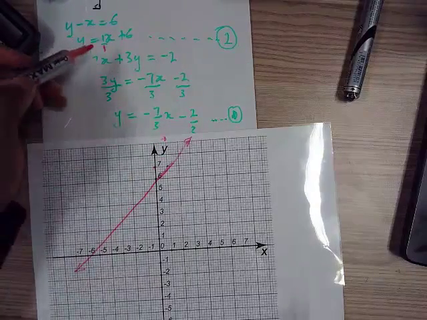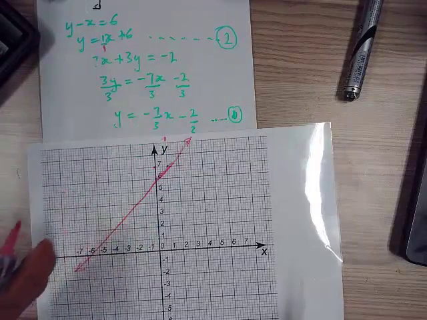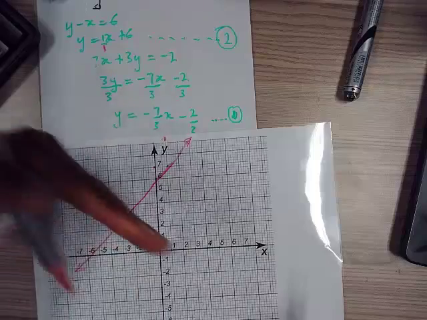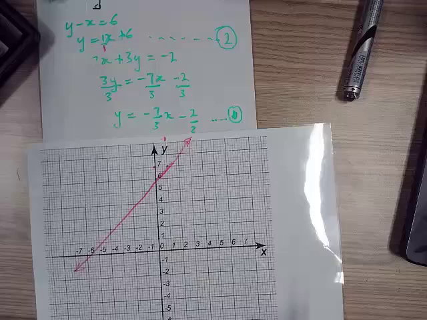And the slope is positive. That's why it's taking that shape. This shape, it will be a negative slope. Let's deal with that. It's equation 1.